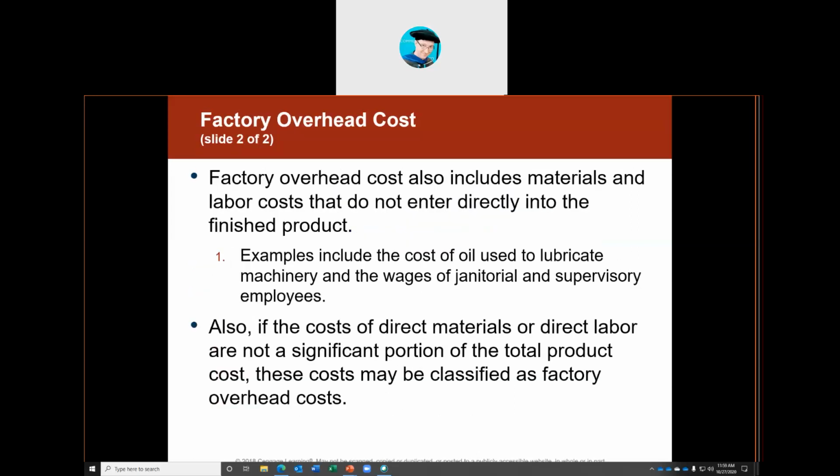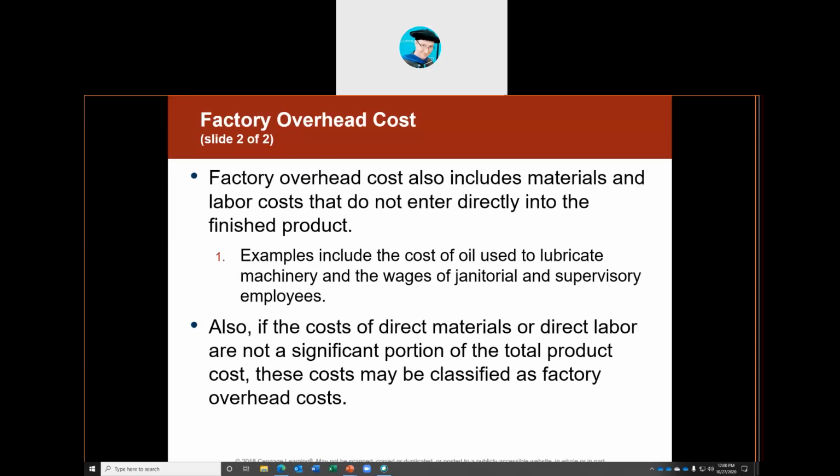Factory overhead costs include materials and labor costs that do not enter directly into the finished product. An example would be we can tie the janitor expenses and the supervisor expenses, but not all of it. So what we typically do here is we attribute a percentage of the expense to the product.